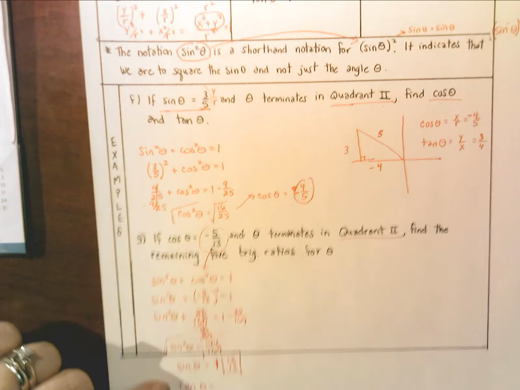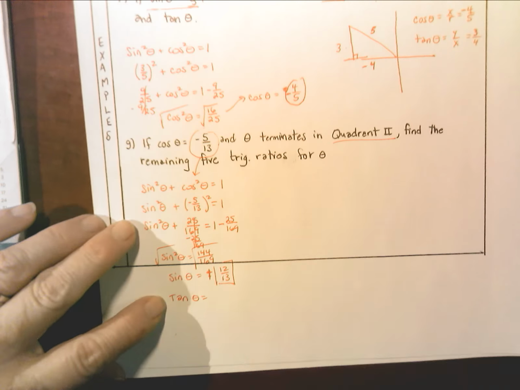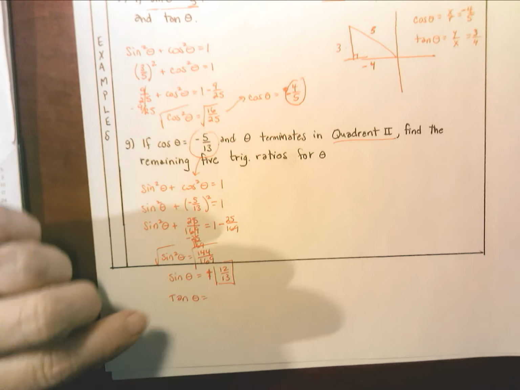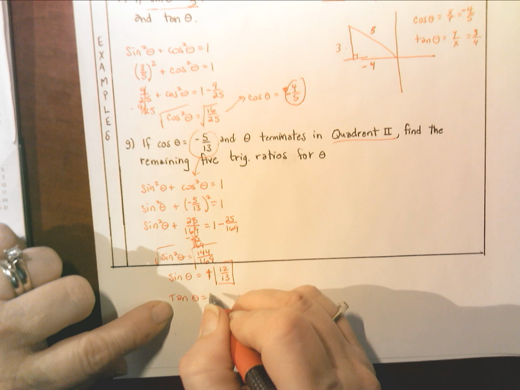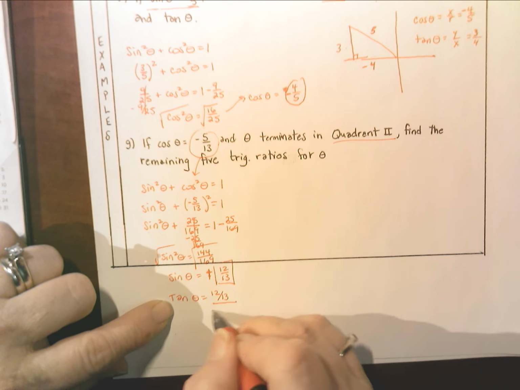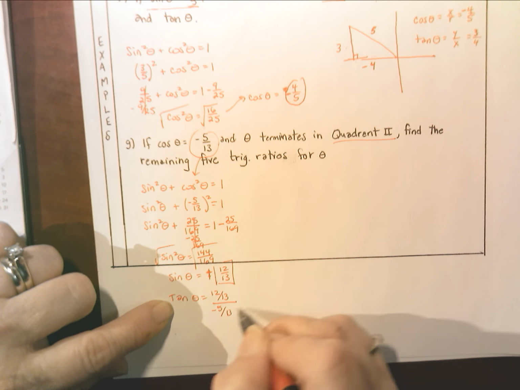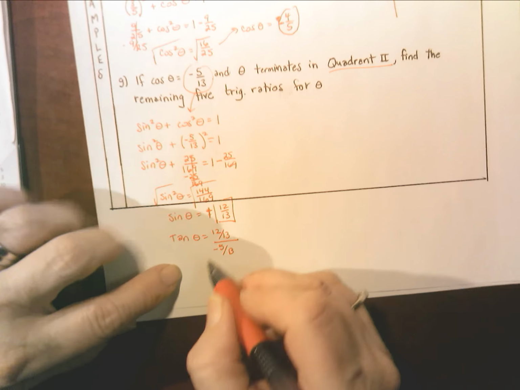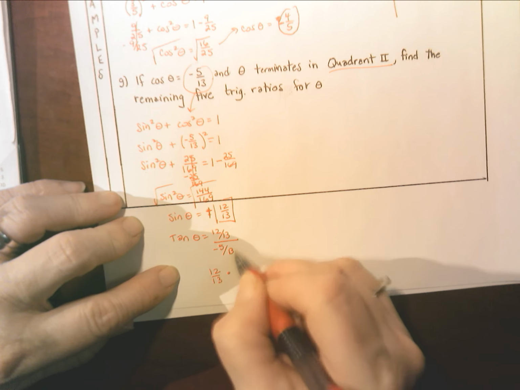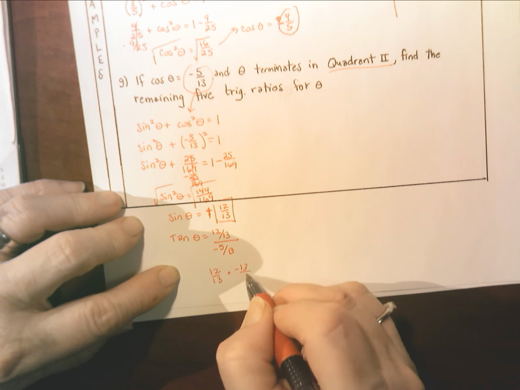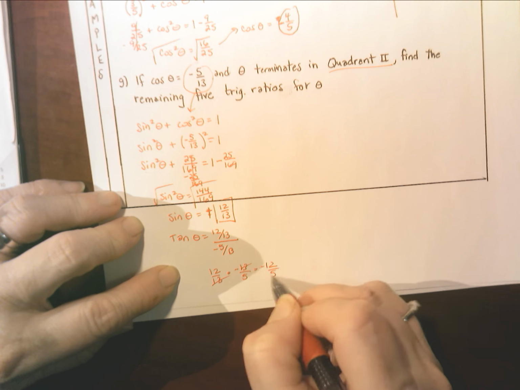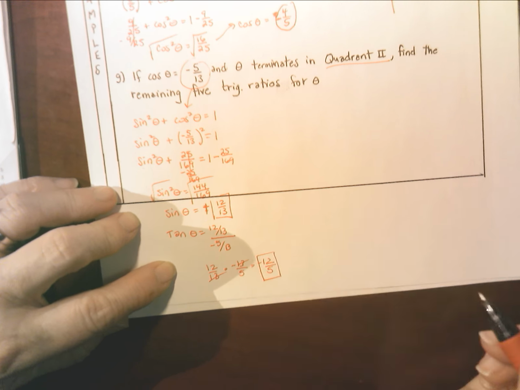So we use the ratio identity: tangent is sine over cosine. Sine is 12/13 divided by cosine, which is -5/13. If you do the math, 12/13 multiplied by the reciprocal, flipping this one over, -13/5. Divide out, and tangent should be -12/5.